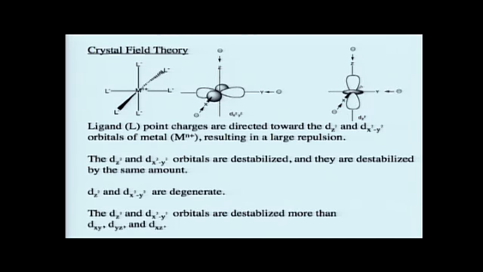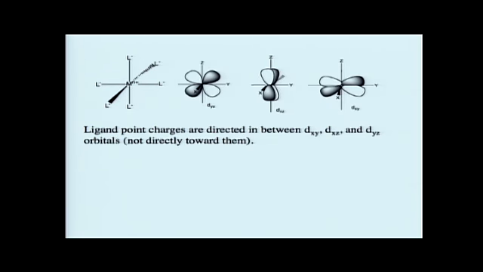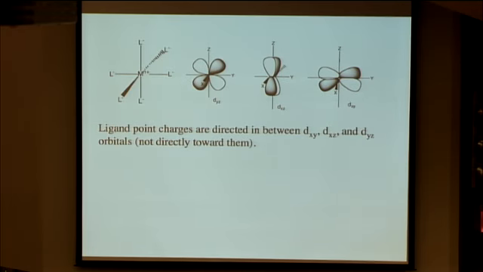And let's consider now why that is true. So here are our other sets of orbitals, and remember, here the maximum amplitude of these orbitals are 45 degrees off axis, whereas our ligands are all on axis. So the ligand negative charges are directed in between these orbitals, not directly toward them.